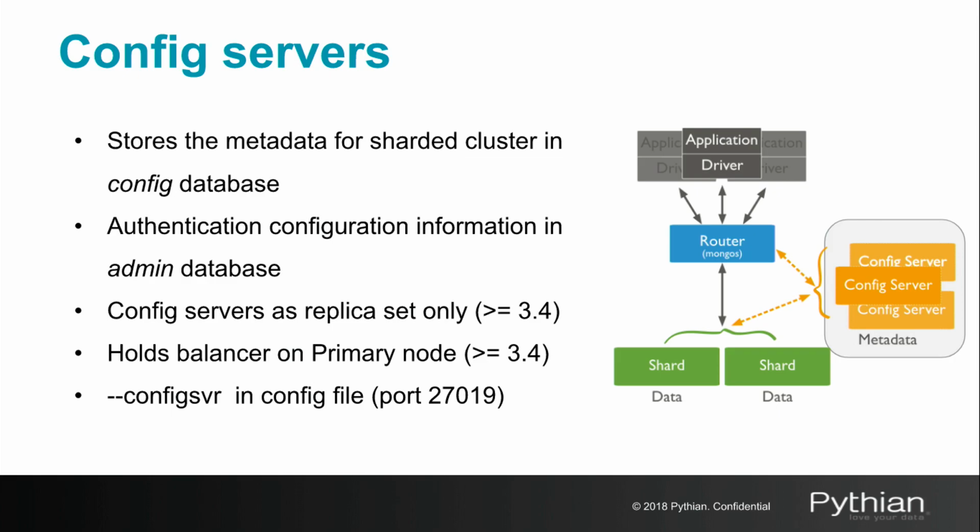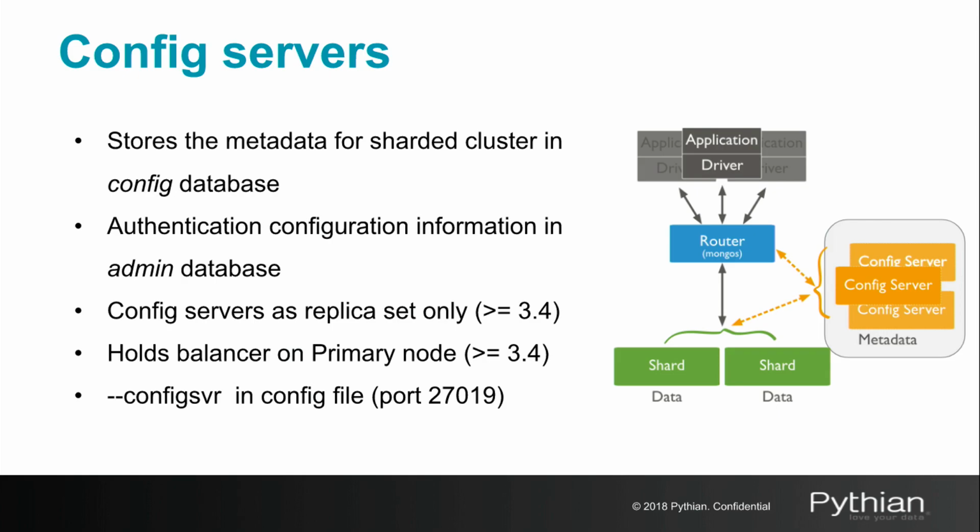The config servers for a sharded cluster store the metadata for the cluster in a config database, and also the information for authentication, which is stored in the admin database.